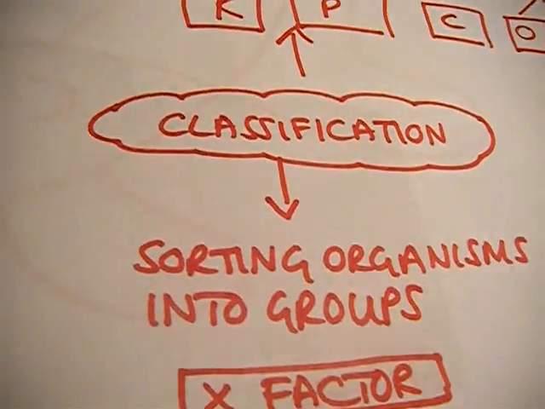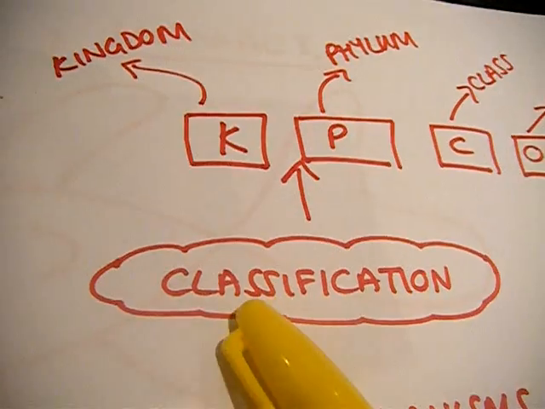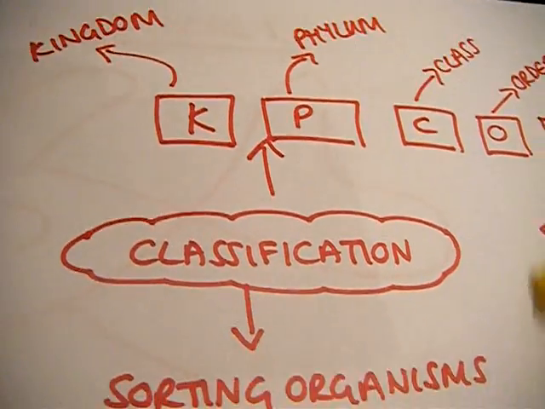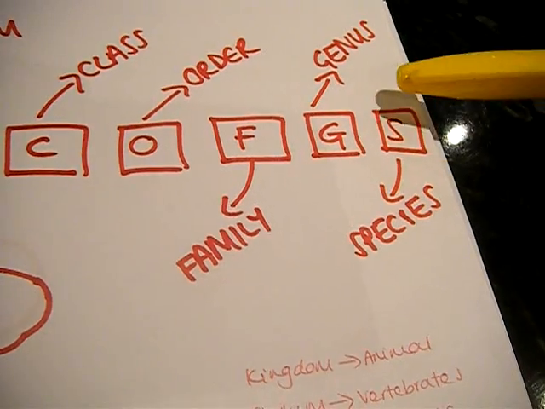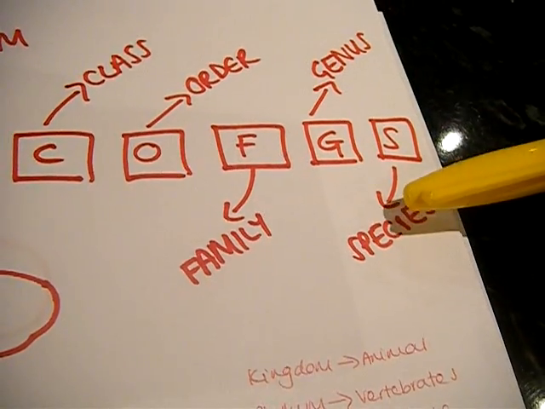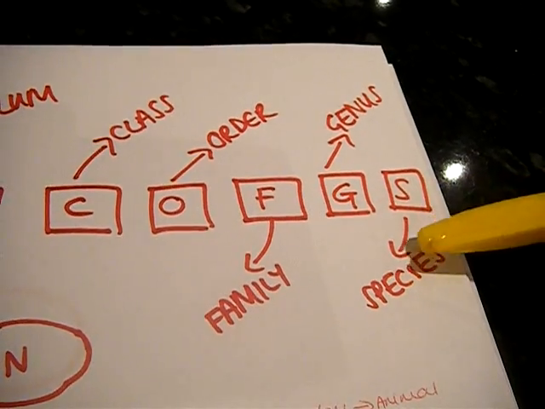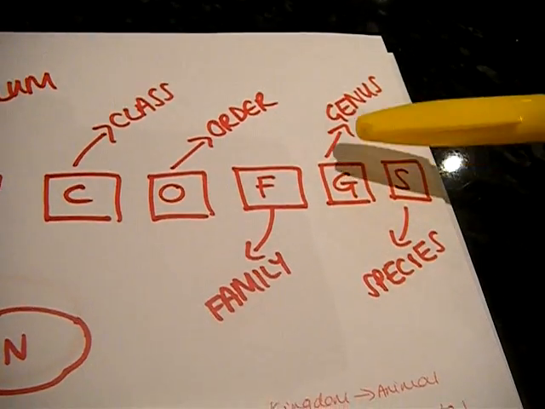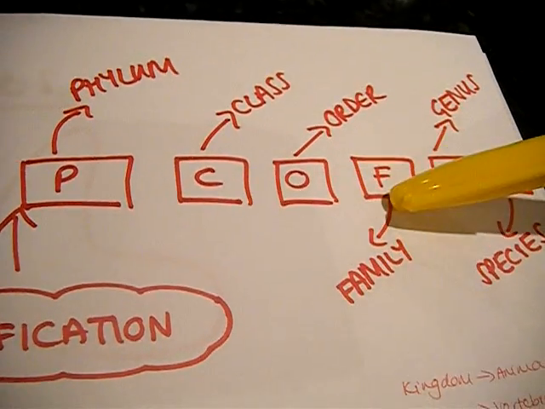So what I've done there is I've given you an example of how we sort organisms into groups in this process called classification. You take a group of organisms that share similar characteristics and they get grouped into what's called a species. Groups of species make up a genus. Groups of genera, which is the plural for genus, make up a family.